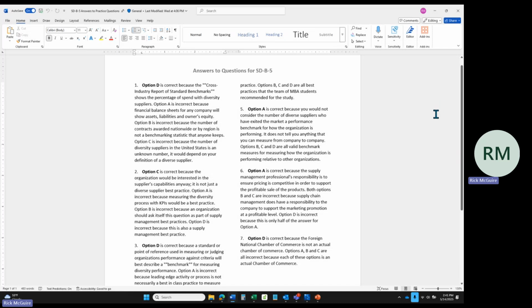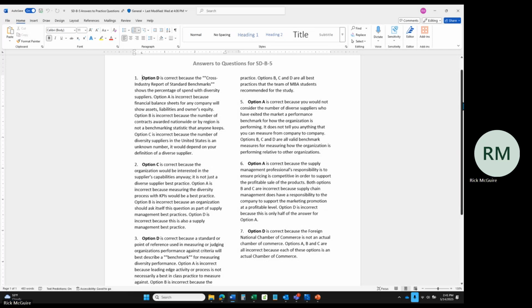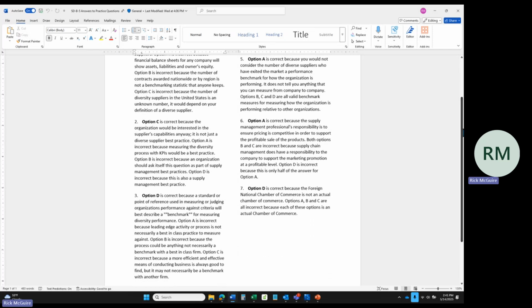Five is Alpha. He would not consider the number of diverse suppliers who have exited the market a performance benchmark. Six is also Alpha. Supply management professionals are responsible to ensure pricing is competitive. Seven is Delta. The Foreign National Chamber of Commerce is not an actual chamber of commerce.